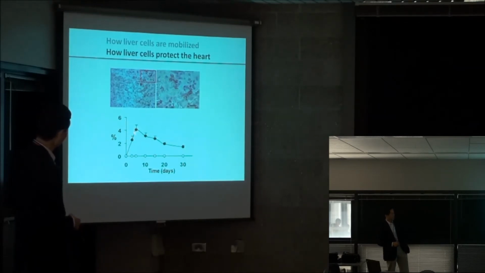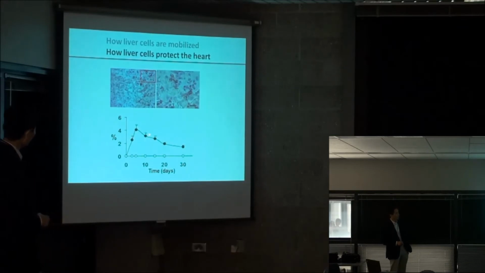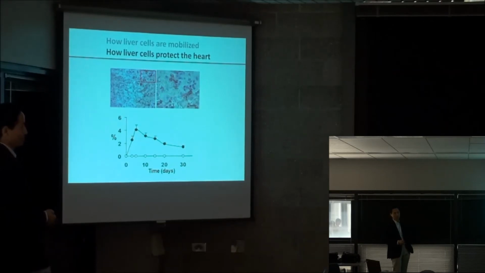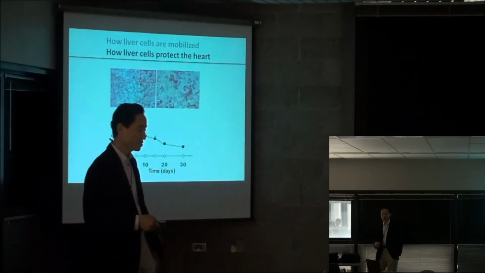That's the maximum population. And after about 5 days post myocardial infarction, the population or density of liver cells dropped. At this time, we just don't know what happened to the liver cells, why they disappeared. They might be dead, or they might transform into other cells, but we have not got a chance to look at that issue at this time.